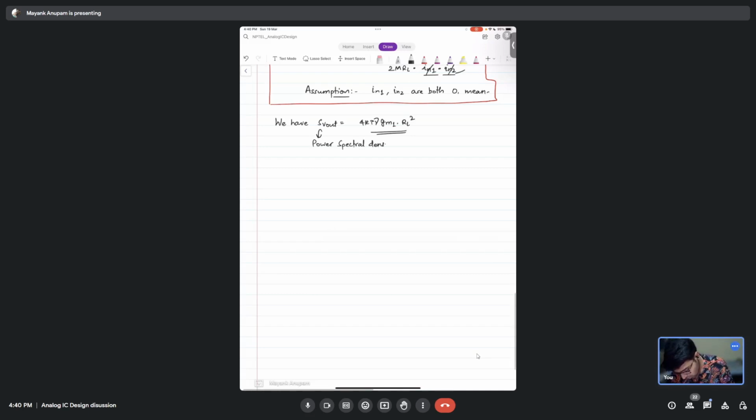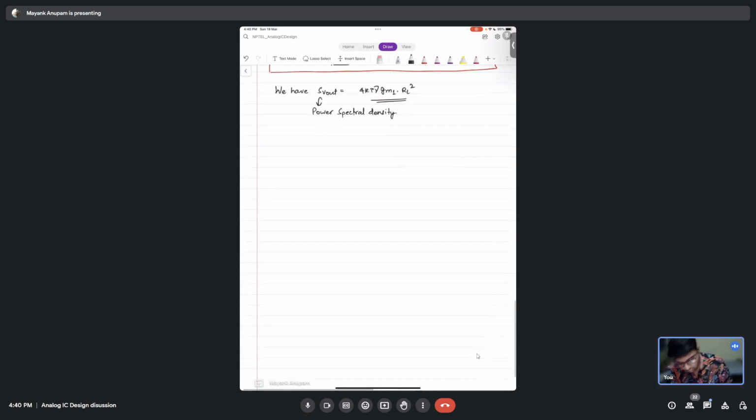It is not the power but the density of power. To find out the total power, what do we have to do? We integrate it for some bandwidth, S_Vout times df. We have to integrate from 0 to infinity, right?